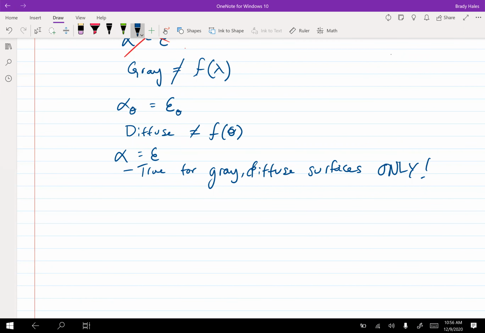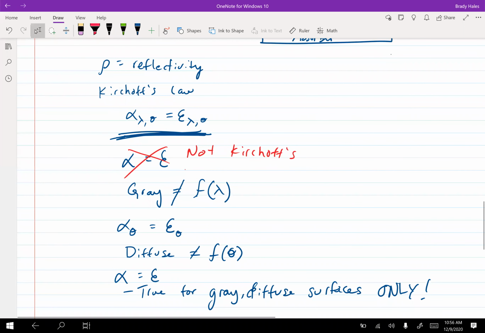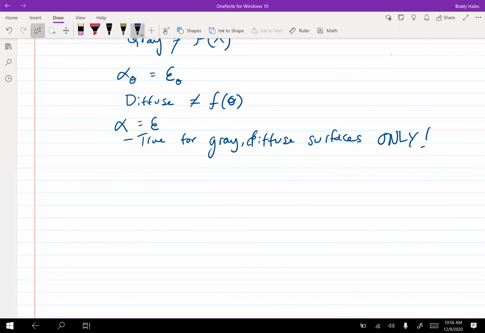Okay, so in your exams, if it's not gray and diffuse, do not say alpha is equal to epsilon. Okay. Big hint for you is if they give you this graph where they say alpha lambda as a function of lambda, this is a big hint that it's not gray.